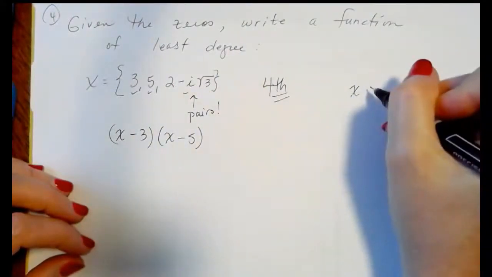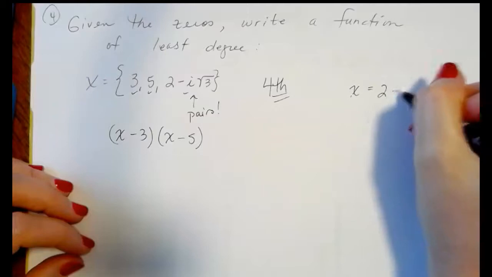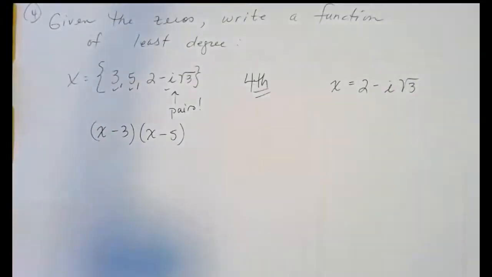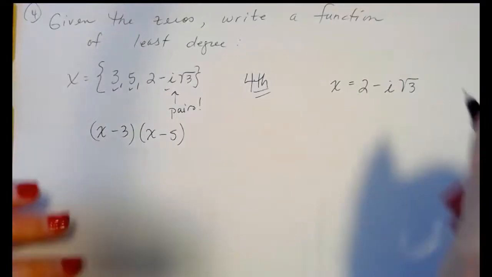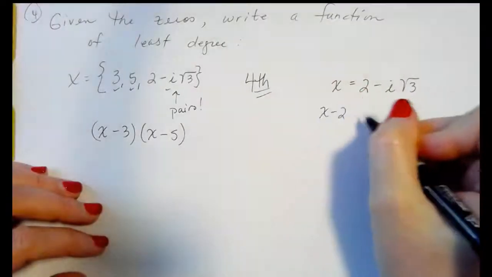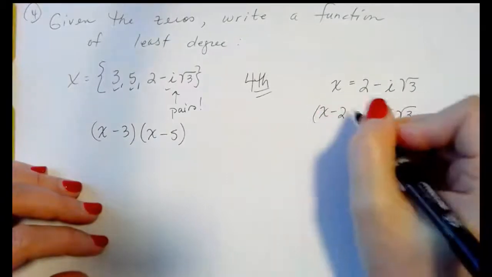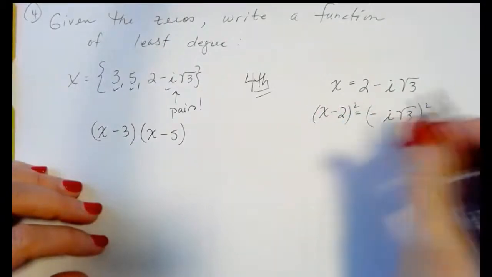So if x equals 2 minus i root 3, let's use inverse operations in order to determine this quadratic factor that it will yield. So x minus 2 equals negative i root 3. Let's square both sides.